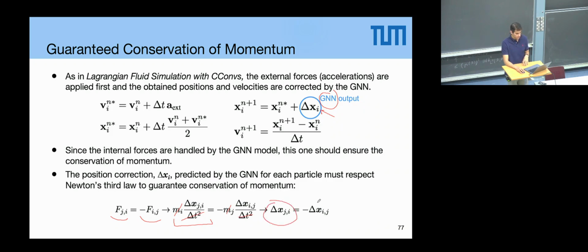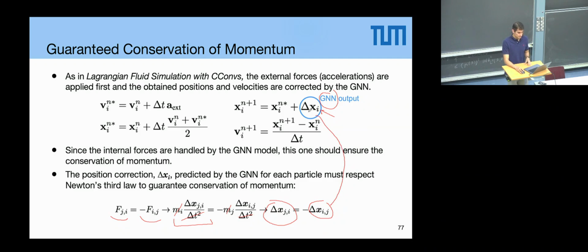So what needs to have the same absolute value and opposite direction is this change in the position of the nodes, which can be understood as the change in the location of node I due to the existence of node J, and vice versa. And this is the output that we were obtaining from the network.